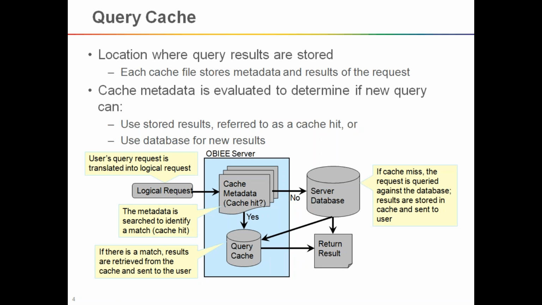In case you are selecting 3 columns that are not available in your cache, what will it do? It will route your request to your real database, and you will see the results.